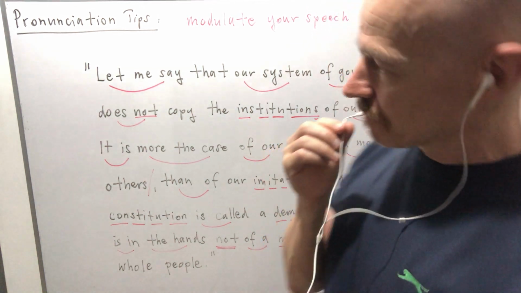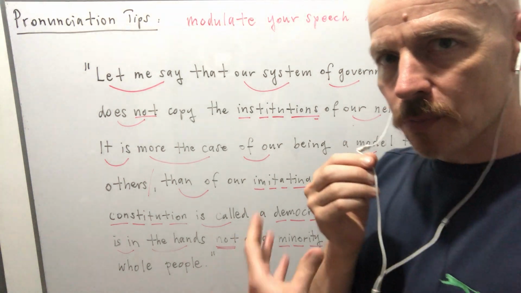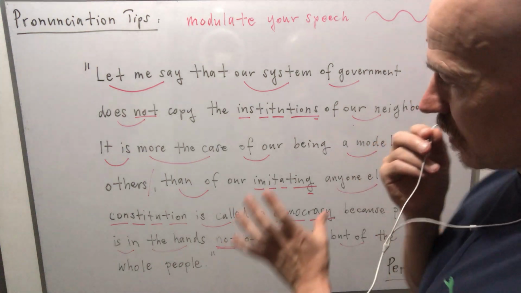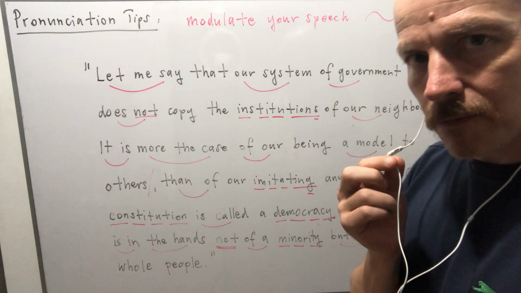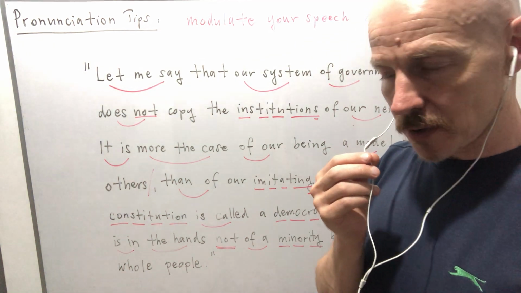So, hello again. Today we're going to look at some tips on how to improve your pronunciation. I'm going to do this by going back to the text I used last week in my video, which was like a speech to help you with your pronunciation.